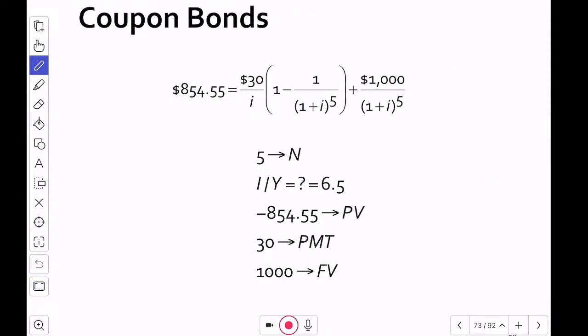Here is the formula with the annuity piece and the regular time value of money. It's very simple. I put 5 into N. This is what I want to calculate, so I skip it. I put negative 854.55 in PV, 30 into payment, and 1,000 into FV. So this is from left to right. And I compute the interest rate.